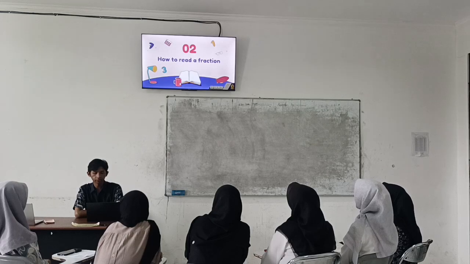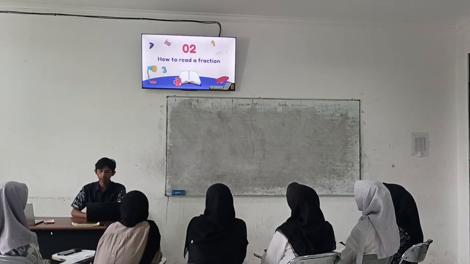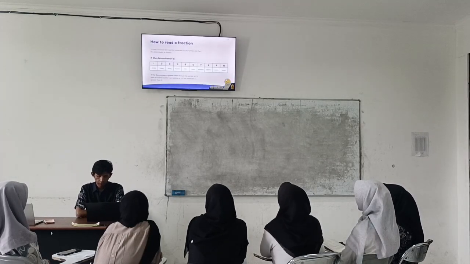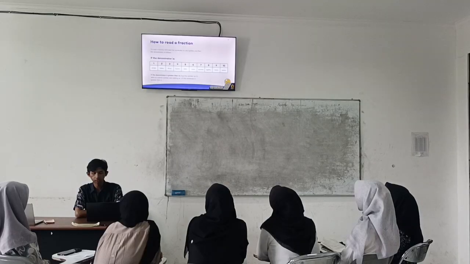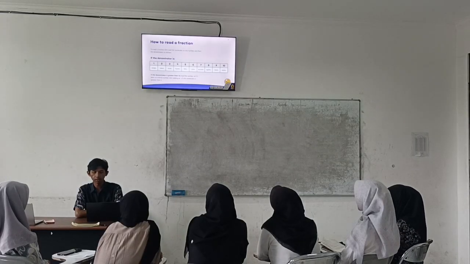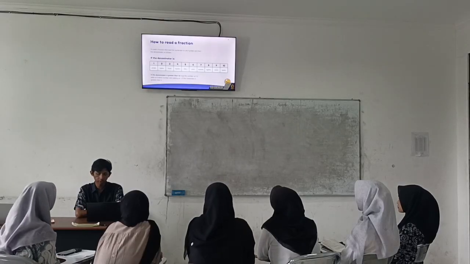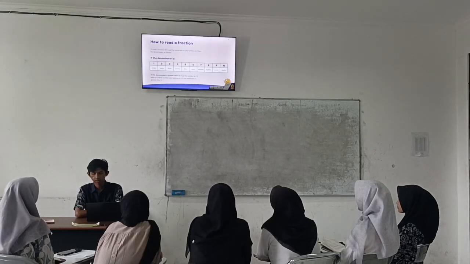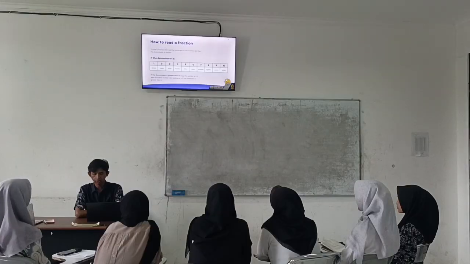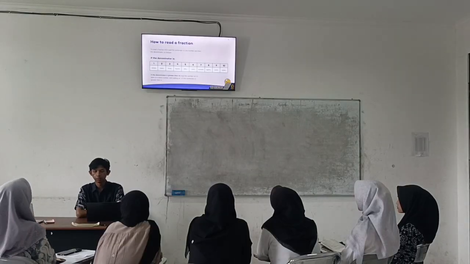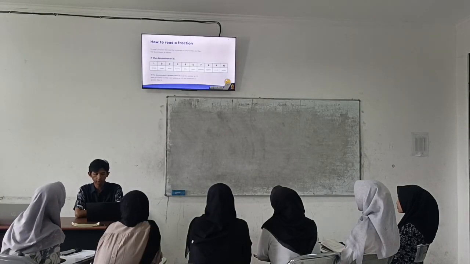So how to read a fraction? It's actually quite simple. First, you just read the numerator just like any normal number, like 1, 2, 3, and then you read the denominator, which is slightly different. We use ordinal numbers for the denominator.